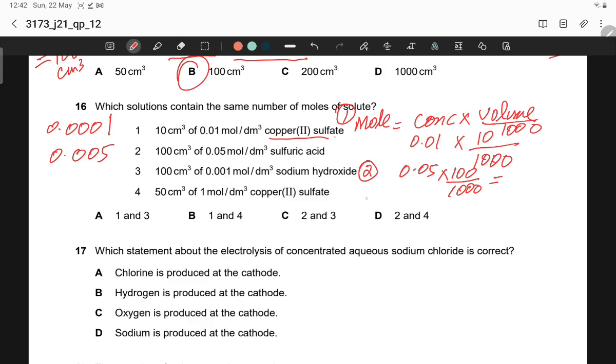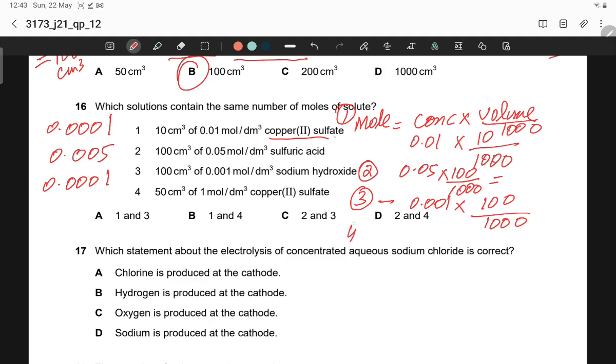100 centimeter cube of sodium hydroxide, 0.001 into 100 divided by 1000. 0.001 into 100 divided by 1000, this is 0.0001.